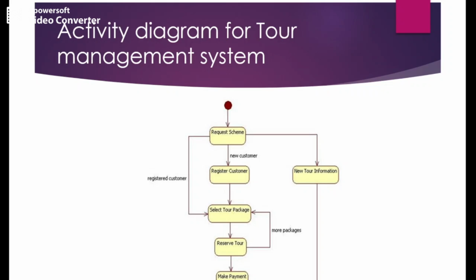If you want to travel to different destinations, you can go through this site and book it online. This is an activity diagram. This block indicates the initial state and this is the final state.